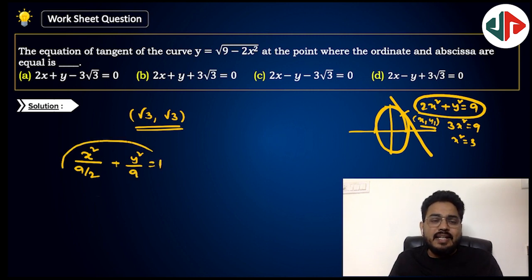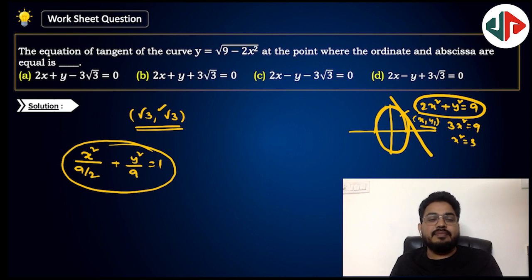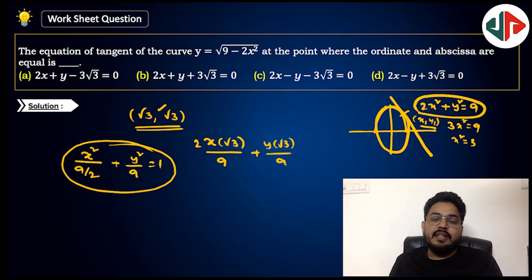If you take the ellipse and write the tangent here, it will be helpful. So what is that one? x1 by a square plus y1 by b square is equal to 1.